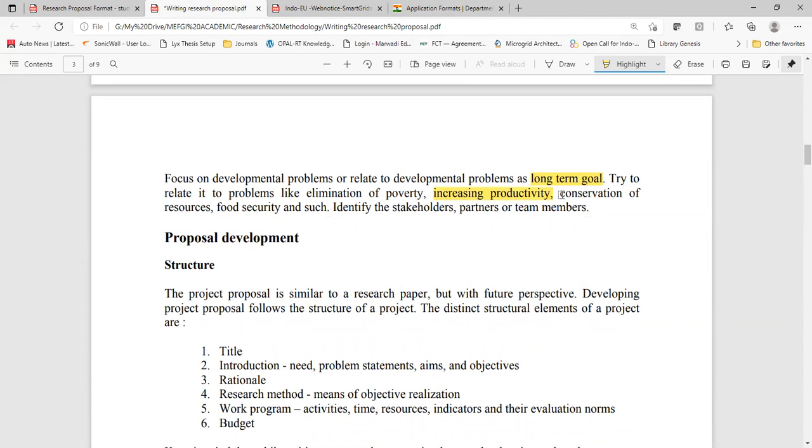Or second, conservation of resources. If you do this, then the efficiency is significantly improved, and that will result in a reduction of energy requirement. For example, nowadays a lot of proposals related to EV or renewable energy are approved.